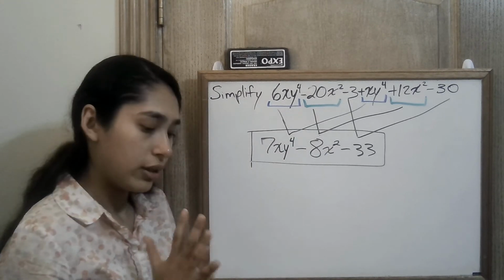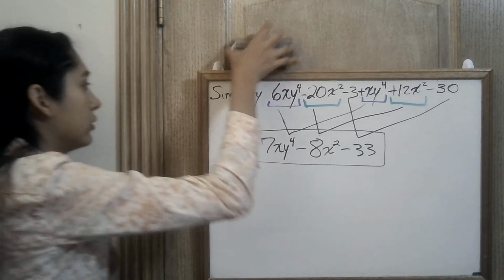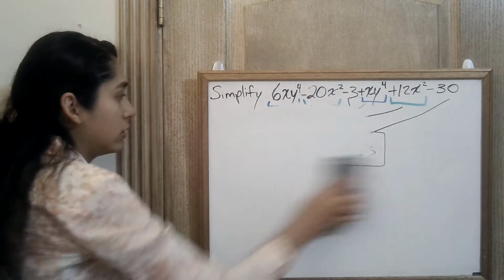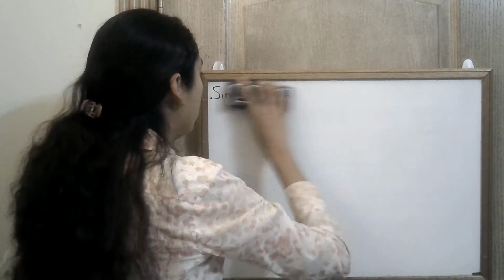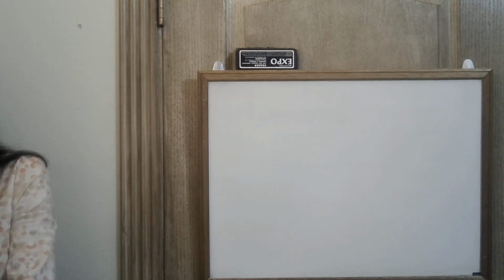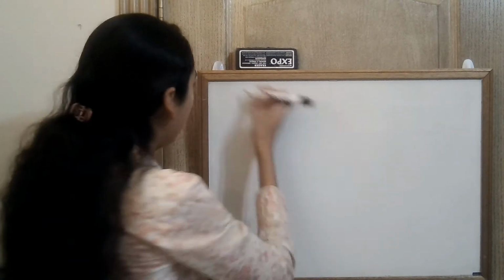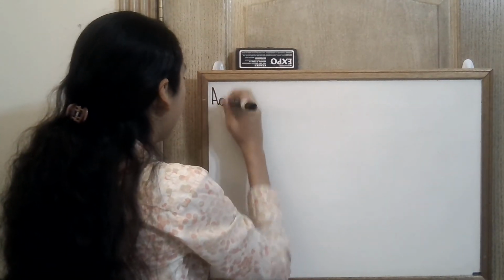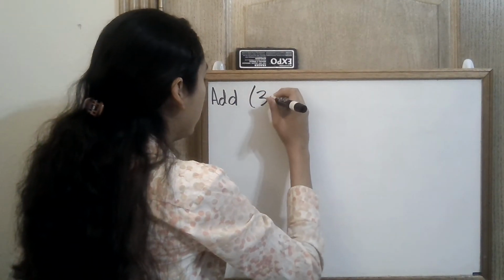Okay, let's add a polynomial with just one variable. Now we have to add this polynomial.